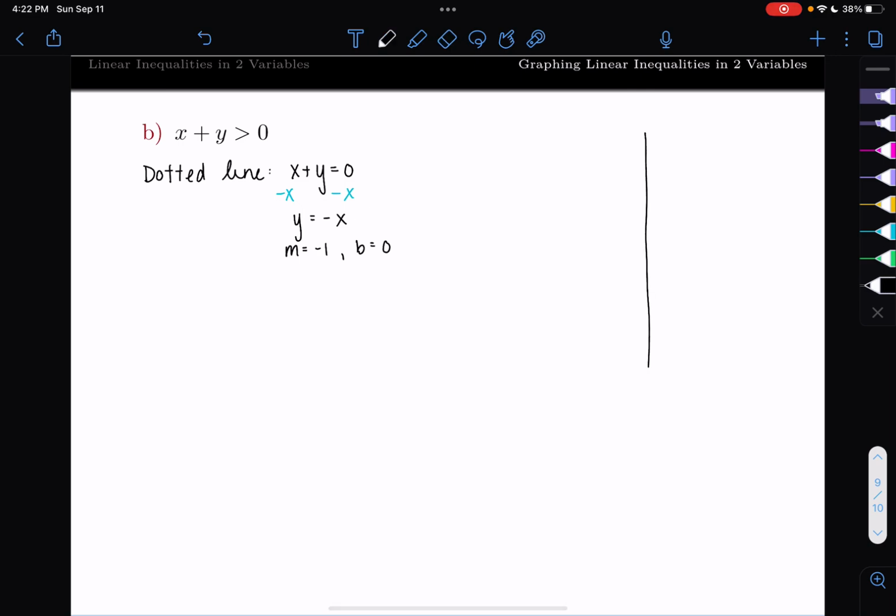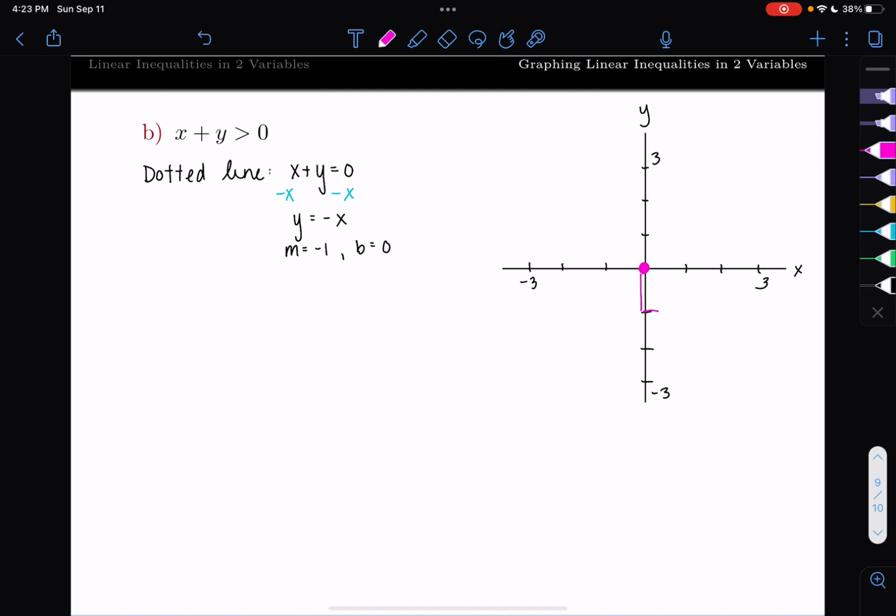So we need to graph this line. We'll just go out 3 in every direction. I need to graph it as a dotted, or dashed, line. Our y-intercept is 0, and our slope is negative 1.